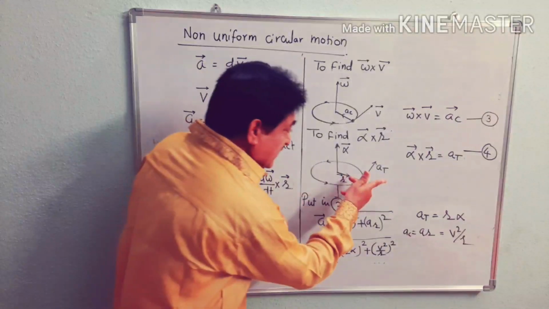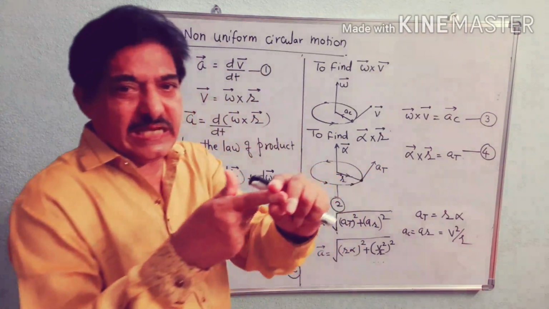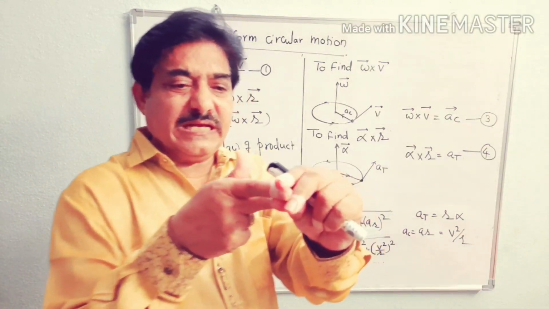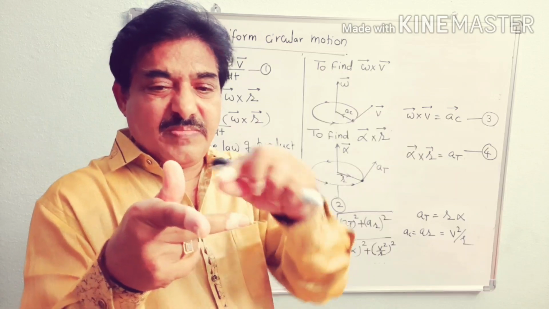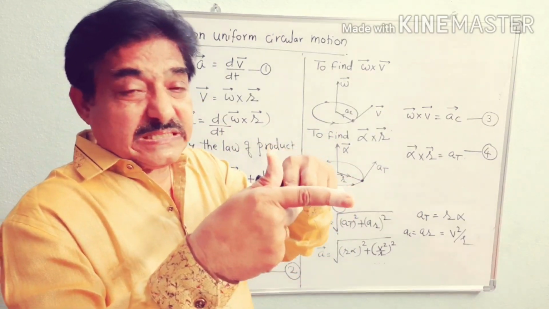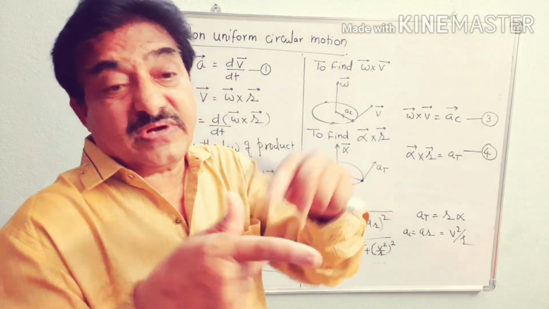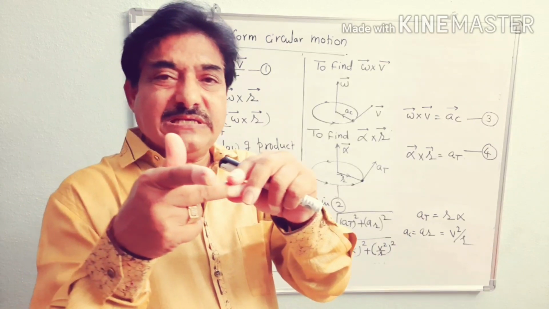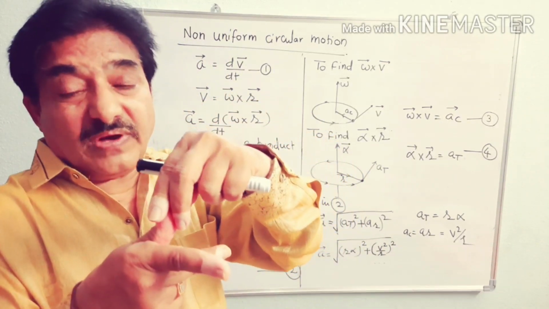If we hold these fingers in this direction, then tangential acceleration is along this direction. This will be a negative radius vector, because this vector is directed from circumference to center, but the radius vector is directed from center to circumference. So this vector is a negative radius vector and this one is alpha.